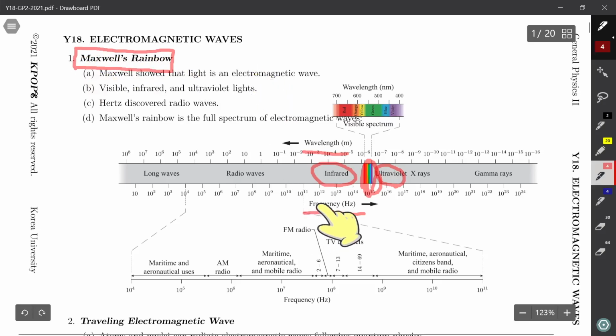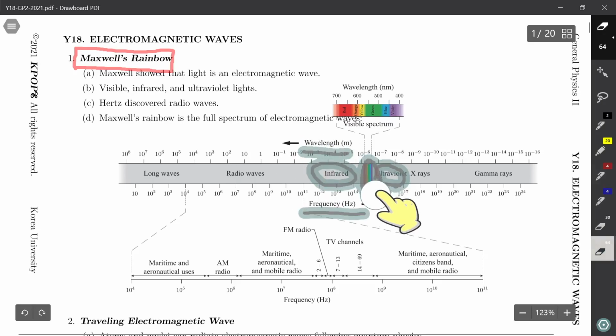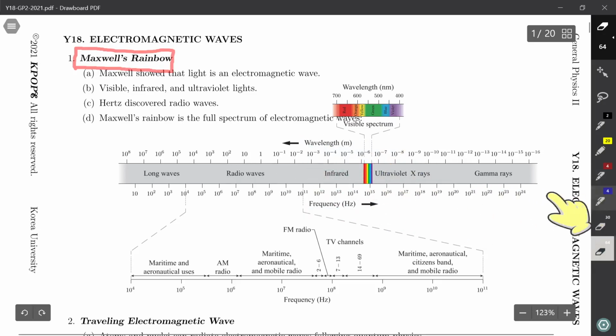Before Maxwell, the rainbow was constructed with the visible light only. However, it extends very, very far away from the visible light. The infrared and ultraviolet are the nearest neighbors of the rainbow, but outside with the shorter wavelengths, there are X-rays and gamma rays.